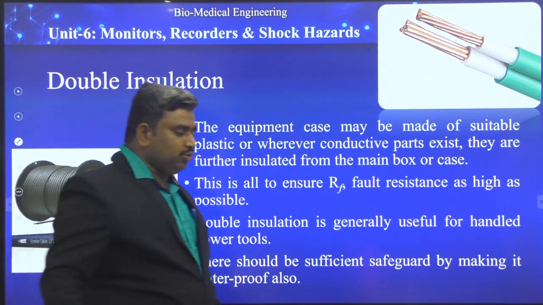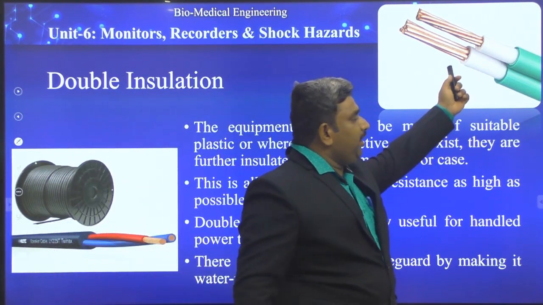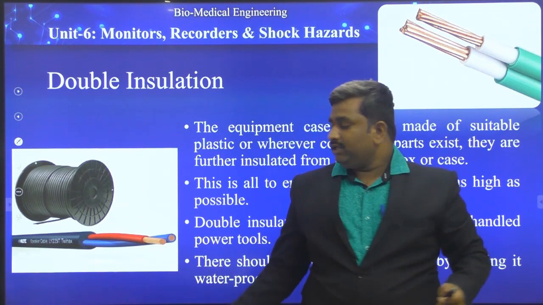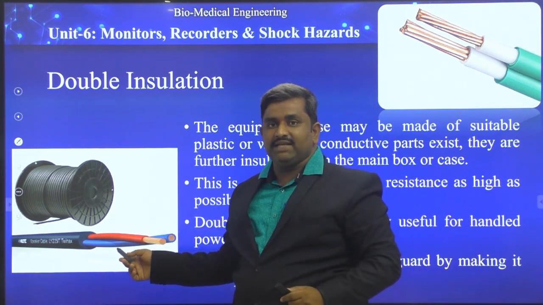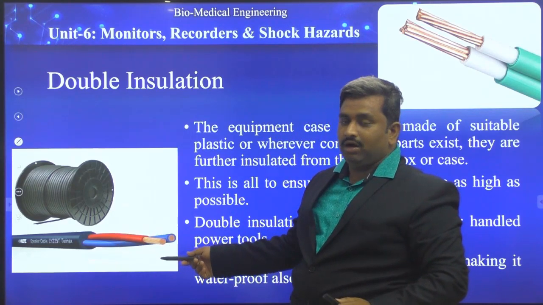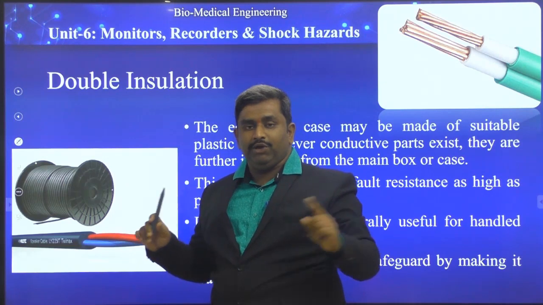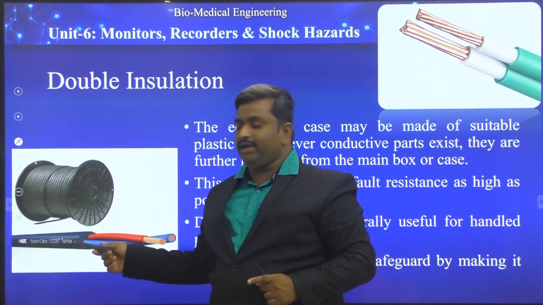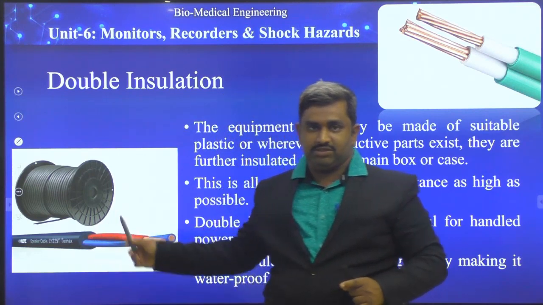We have two different methodologies: individual wires with double coating, and single coated wires with a common second coating. So first they have an individual insulating layer, and they have a common insulating layer, that is the black covering in this picture.